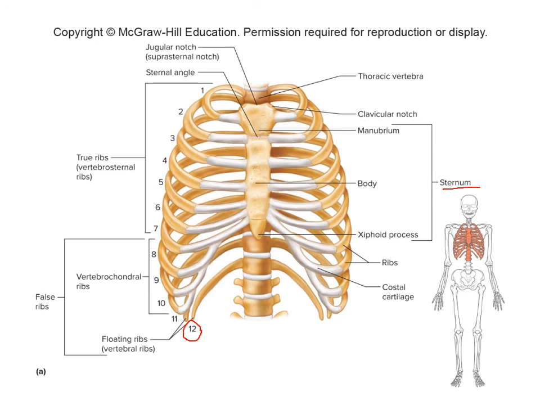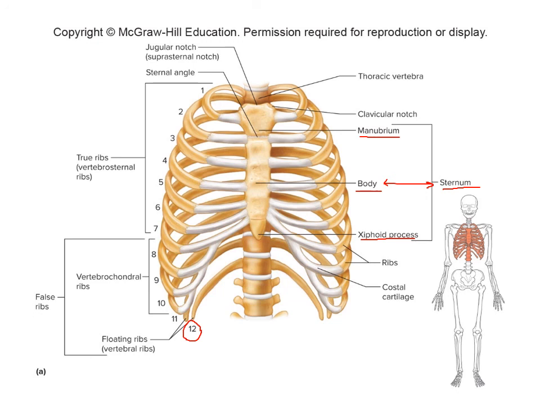The sternum is what we commonly refer to as the breastbone. Right? So the sternum is this little part in the middle. Now the sternum is made up of 3 bones. The top one is called the manubrium. The middle one is called the body of the sternum. Again, we have other bodies, so remember the body of the sternum. And then this last part is called the xiphoid process.